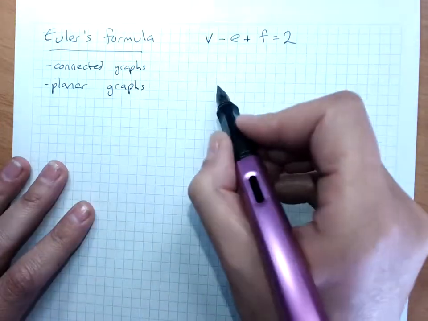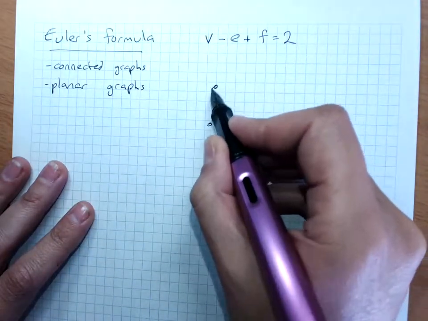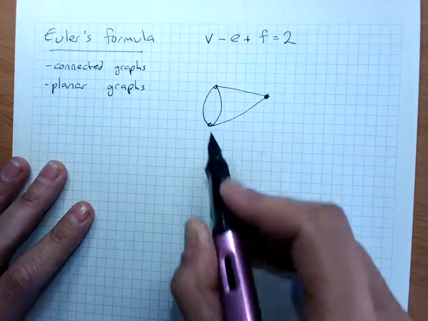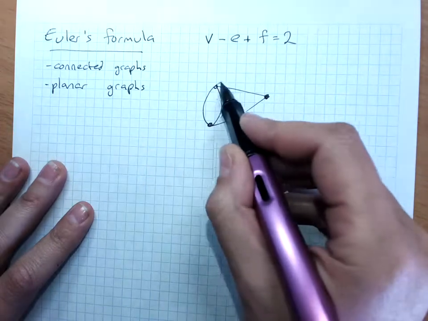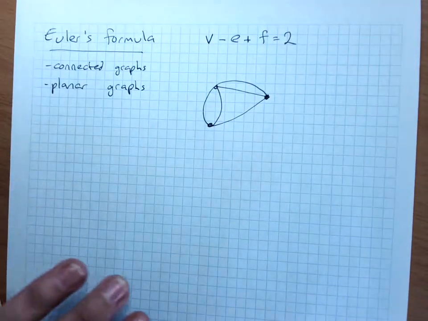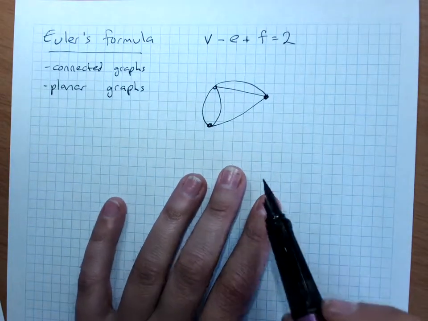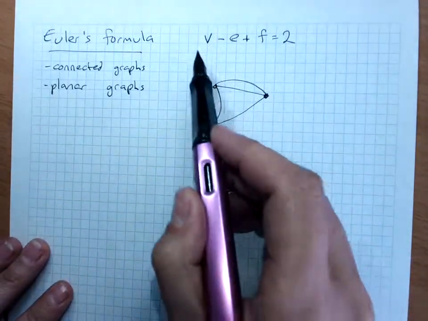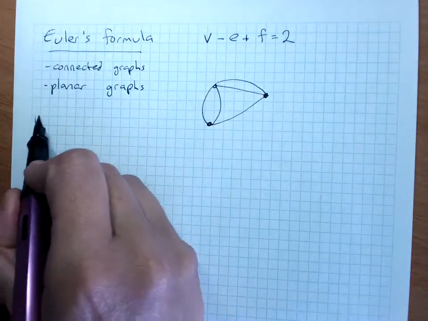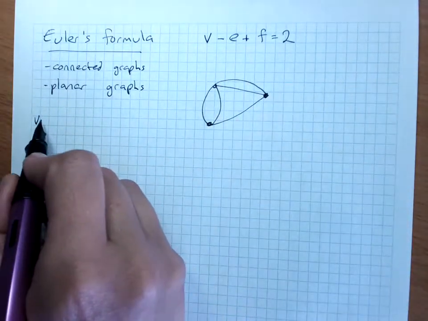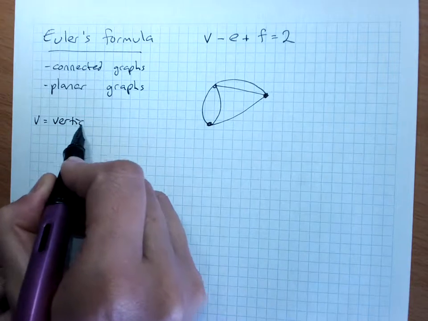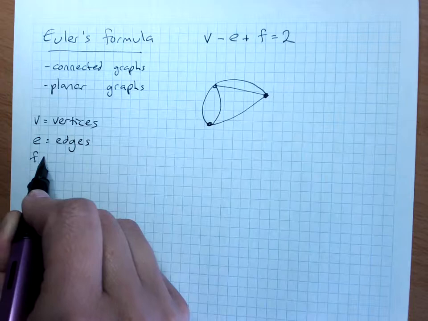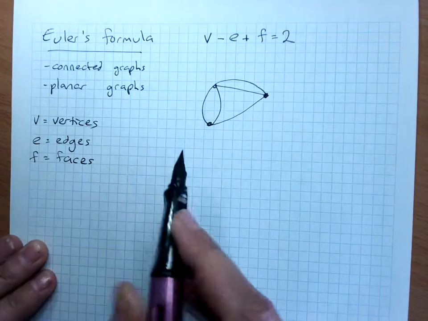And I'll draw a connected planar graph here so we can look at the example. So it's connected, there's no vertex off on its own. It's planar, none of the edges are crossing. And we need V for vertices, E for edges, and F for faces. Now vertices and edges are easy.